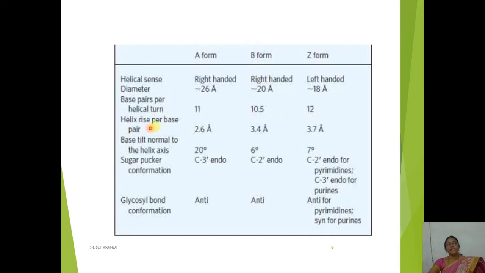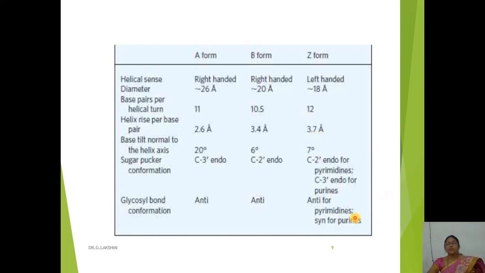Next point, helix rise per base pair. Helix rise per base pair means the width of the base pair, that is, how much space a base, that is a nucleotide, occupies in the DNA. The space occupied by the nucleotide for A form is 2.6 angstrom. In the B form, a nucleotide occupies about 3.4 angstroms, whereas for Z form 3.7.